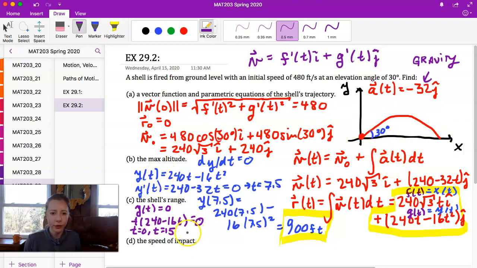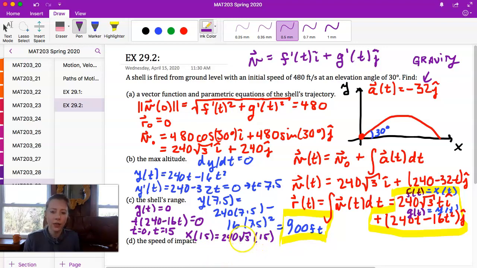So x of 15 is going to be plugging into this x portion of our position. So it's going to be 240 times the square root of 3 times t, so 240 times the square root of 3 times 15.